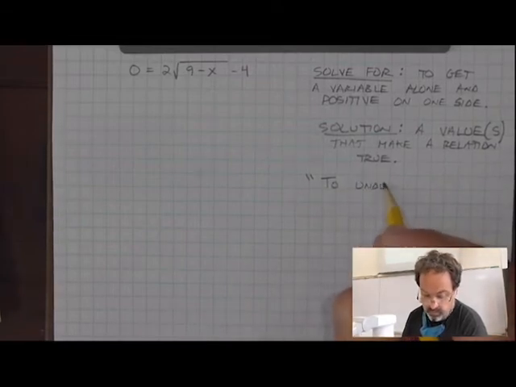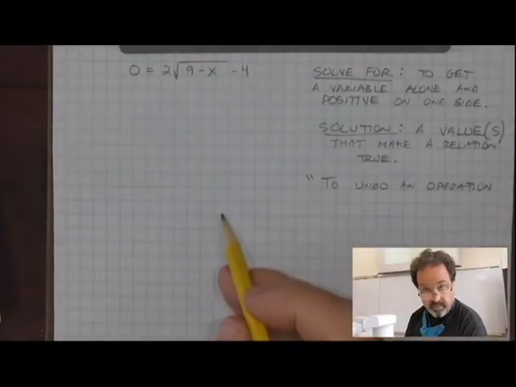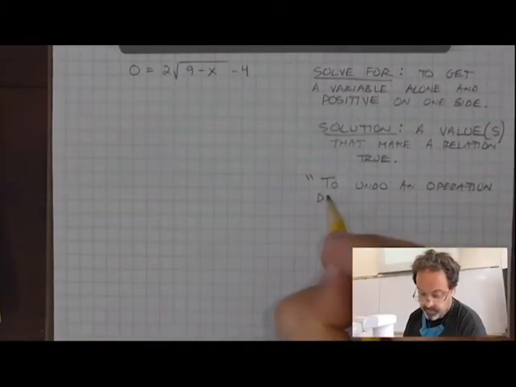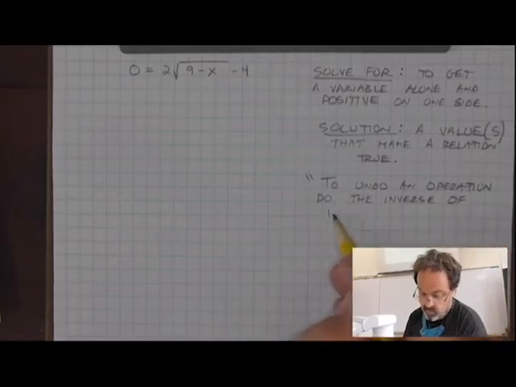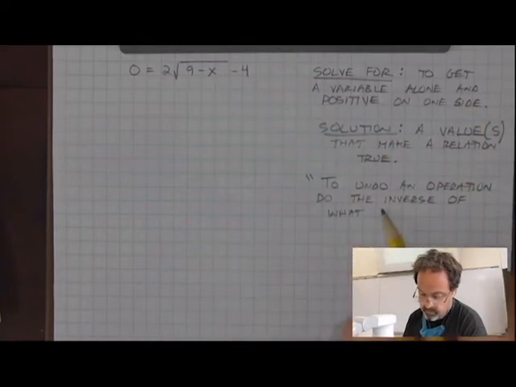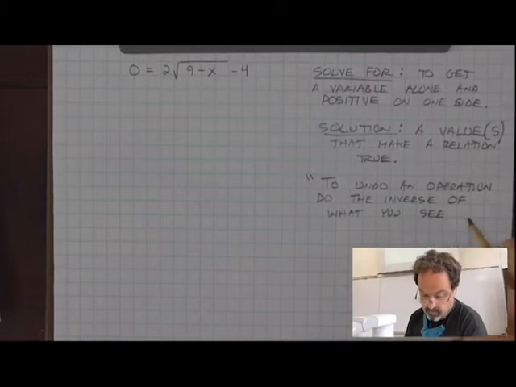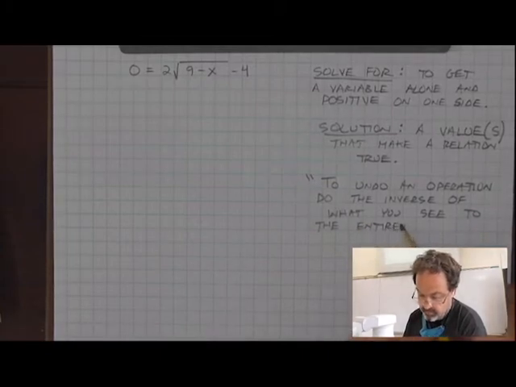To undo an operation, which you will be doing when we go through the process, to undo an operation, do the inverse of what you see to the entirety of both sides.